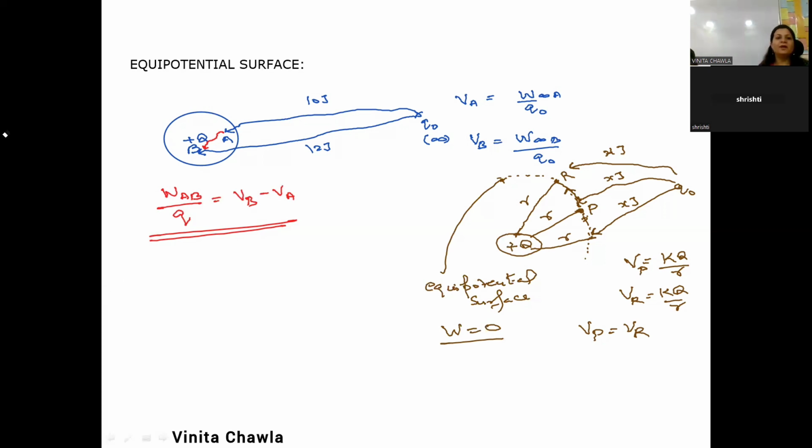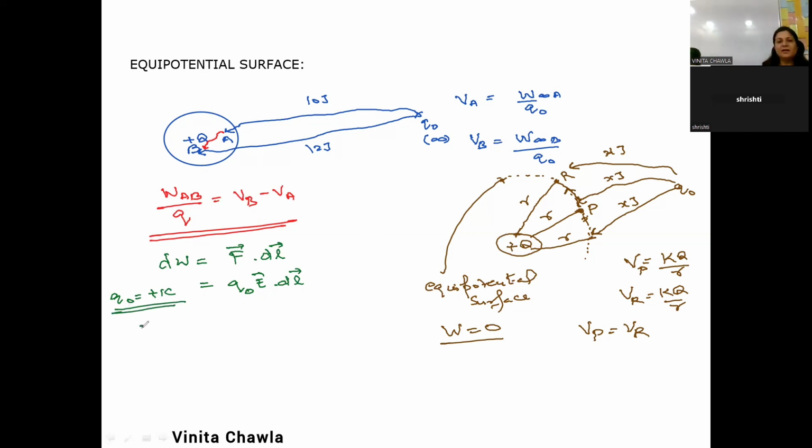And one more thing, we can prove this using a mathematical relation for work. We know that work done is F dot dl, and F is Q naught E. For the test charge, Q naught can be considered as a unit positive charge.